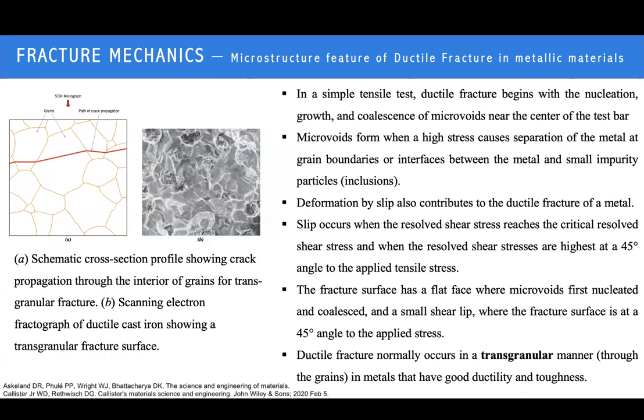The crack is going through the grains. So we can say that this image is giving the information about the triangular manner and the high ductility nature of the material.